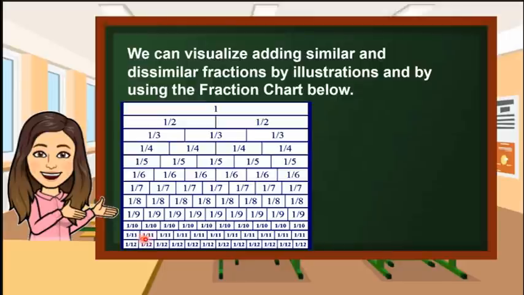Then it goes on and on, whatever number or denominator we want to divide. It's like here 11 and 12.